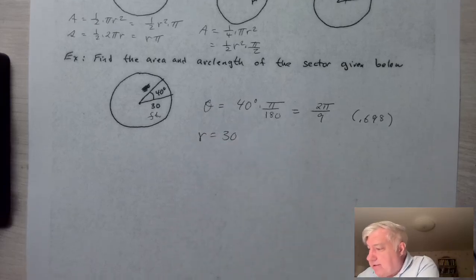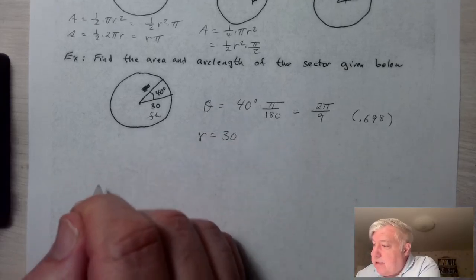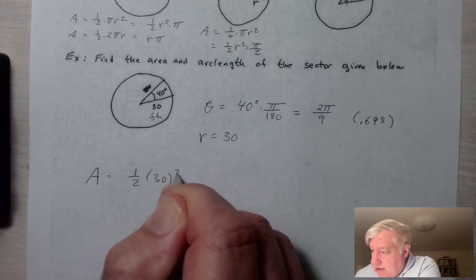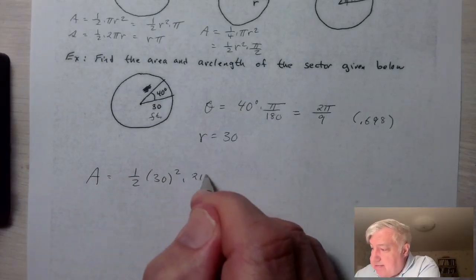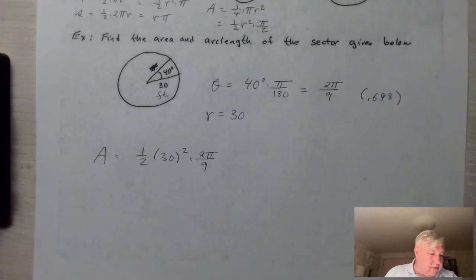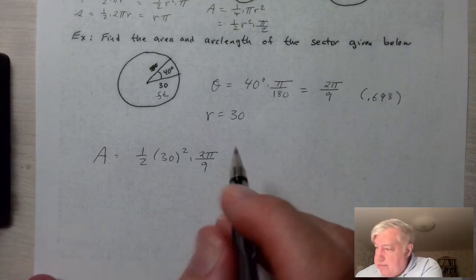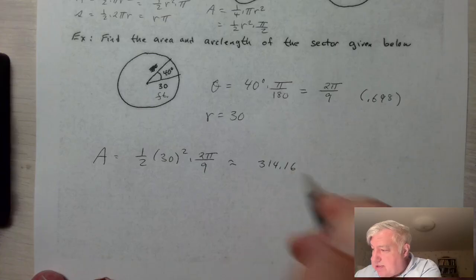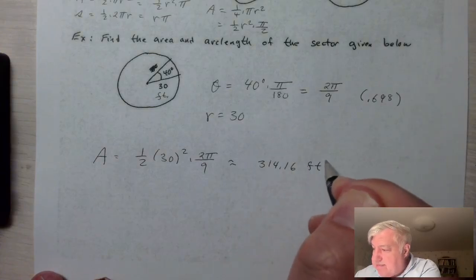Okay, and so our area would be 1/2 times 30 squared times 2 pi over 9, which is approximately 314.16 square feet.